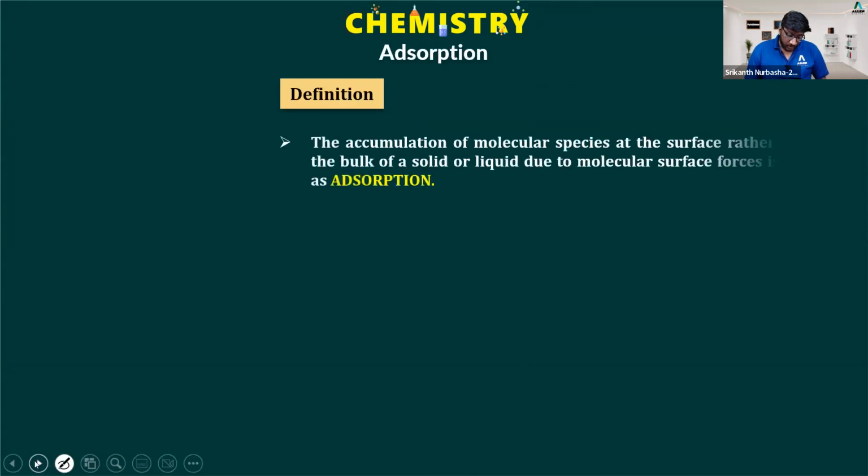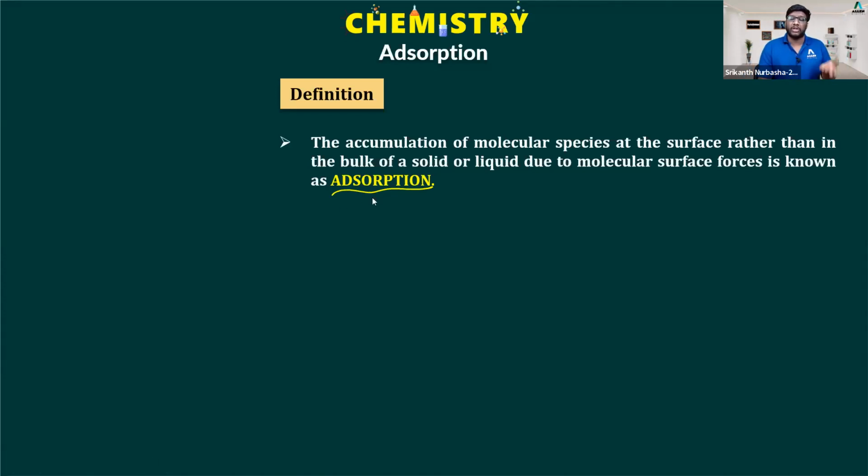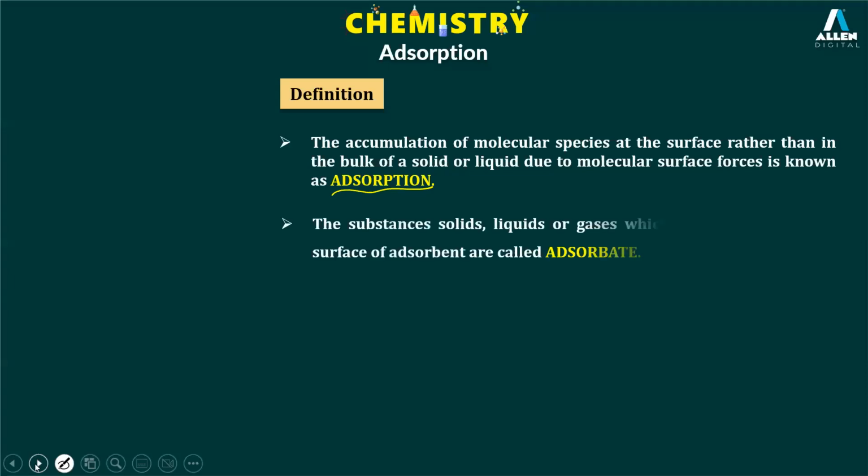So adsorption, if you go with the definition, is the accumulation of molecular species at the surface rather than in the bulk of a solid or liquid due to molecular surface forces. And the species on which adsorption occurs is called the adsorbent, and the species which is getting adsorbed is called the adsorbate.